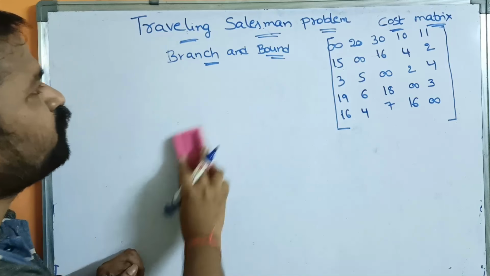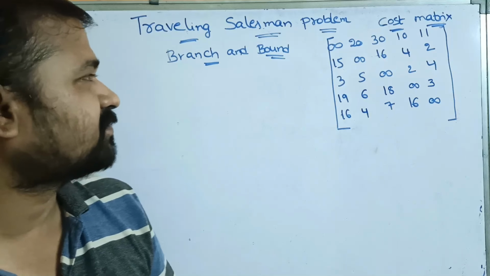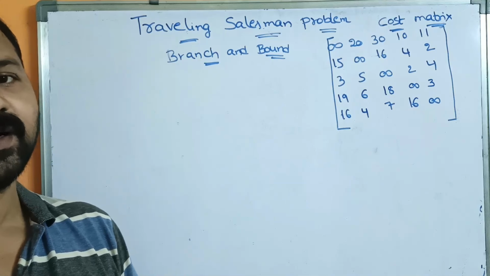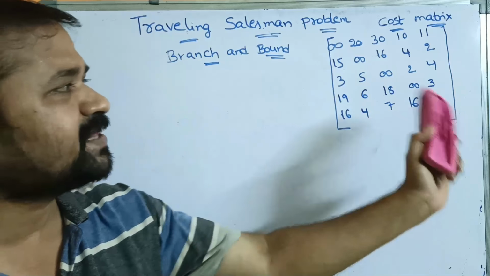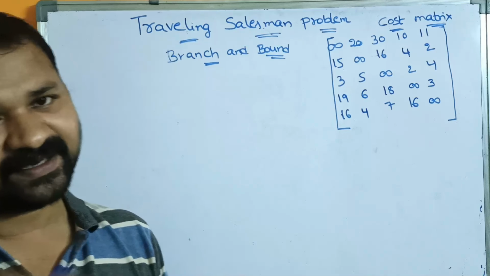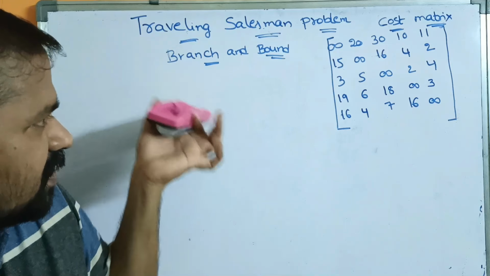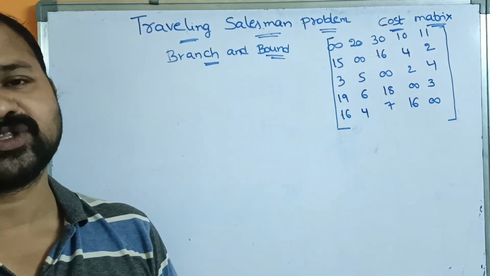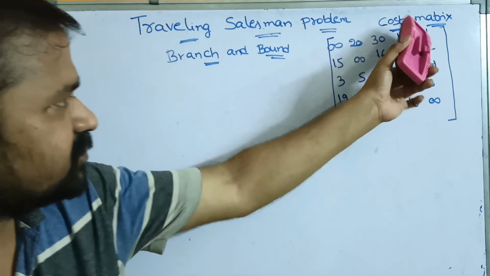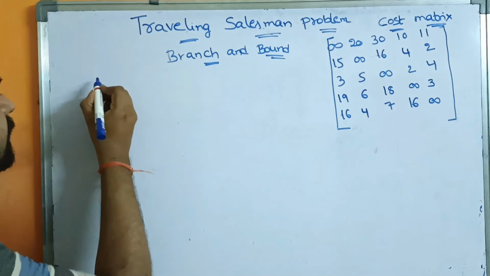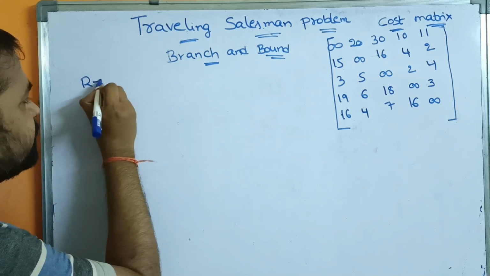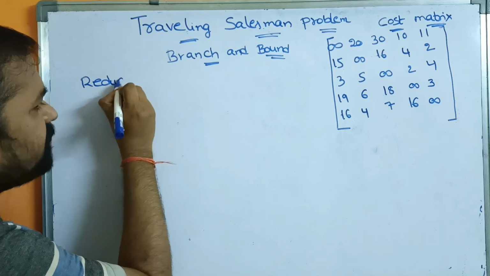Now we have to find the shortest path by which the salesperson has to visit all the cities, and after that return to the source city, the initial city also. Okay, so this is the cost matrix here. So first we have to find the reduced cost matrix.